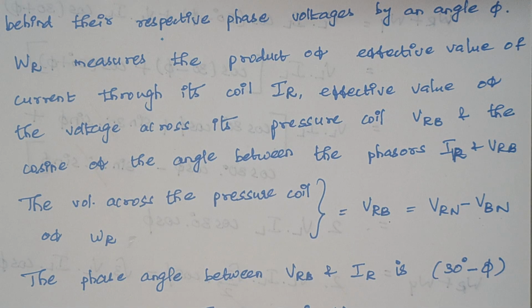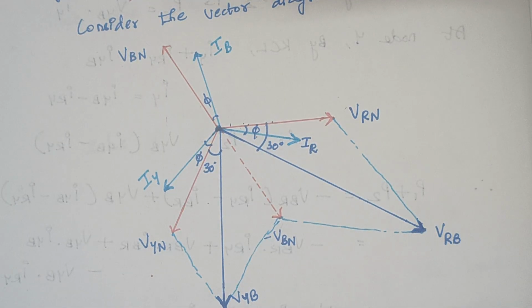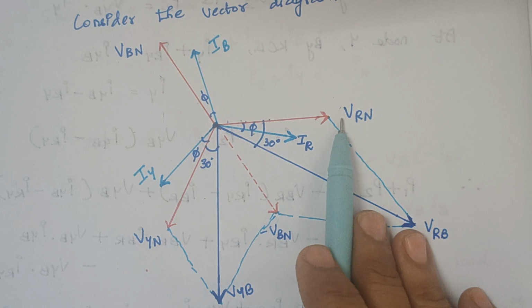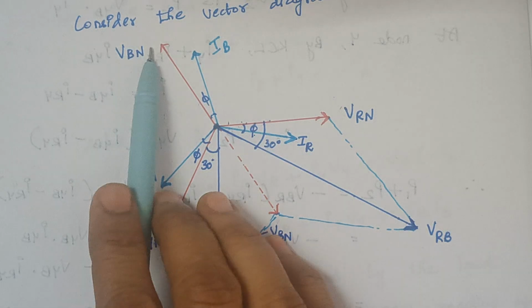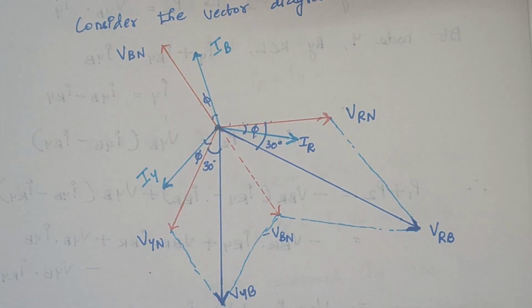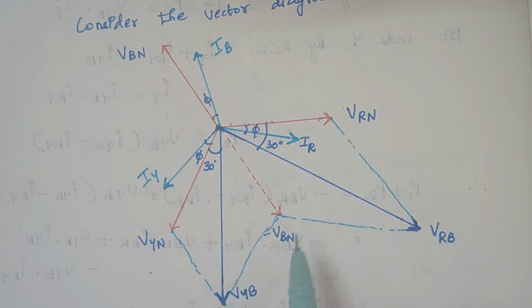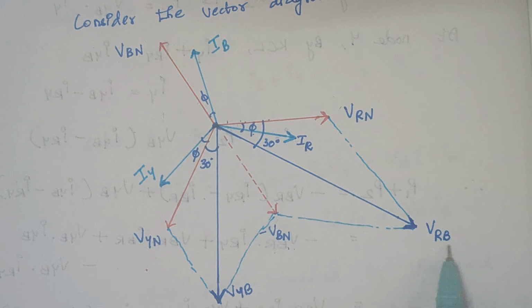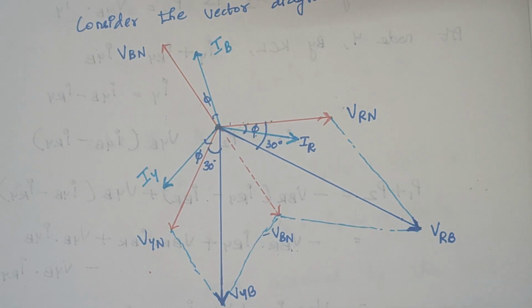Here we have our VRN, but what we need is minus VBN. So we project VBN in the opposite direction, and this is minus VBN. These two voltages together make VRB.